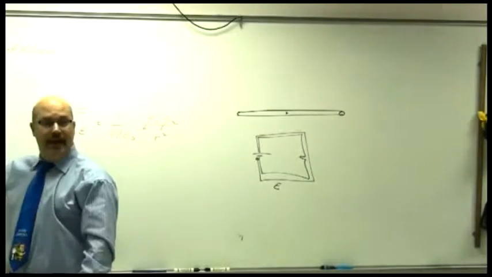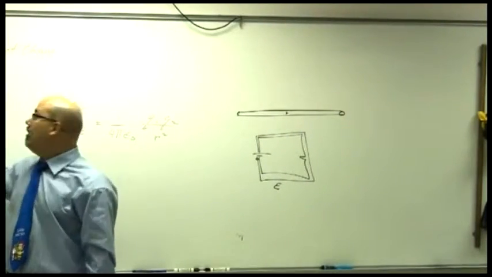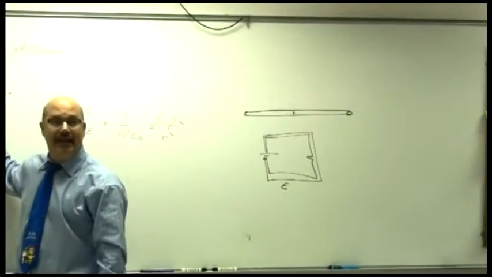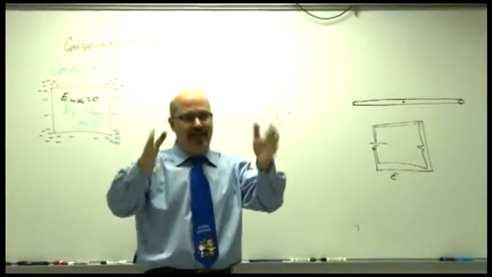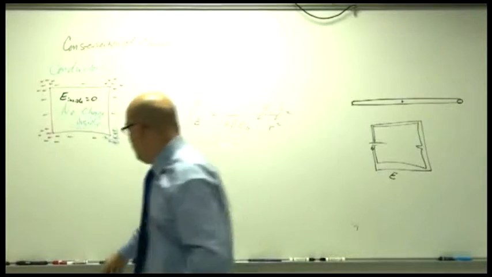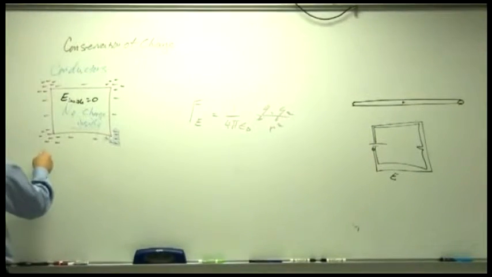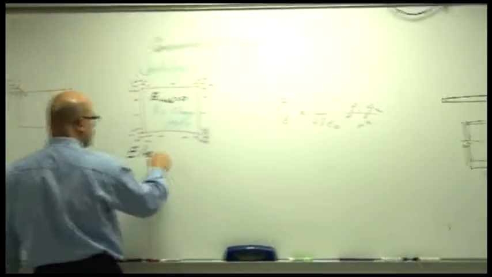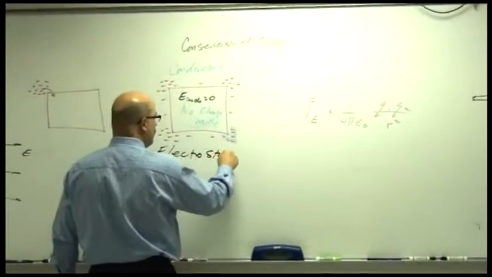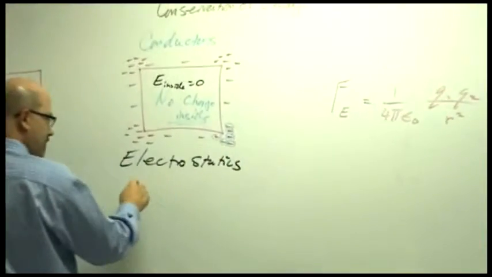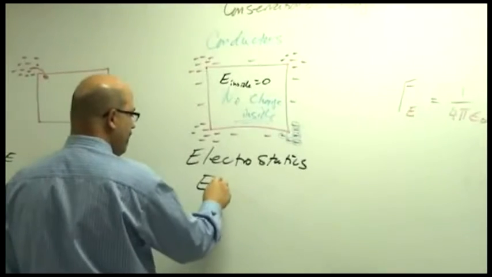Here's a conductor like copper, but here we're in electrostatics, and so the charge is stationary. It's reached equilibrium. Okay, so let's write that down. Electrostatics, you're in equilibrium.